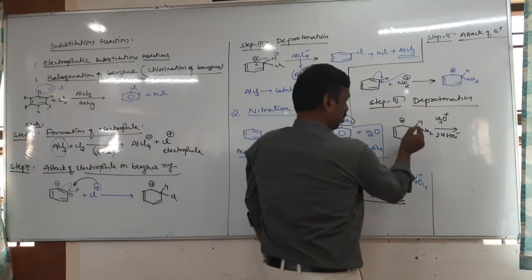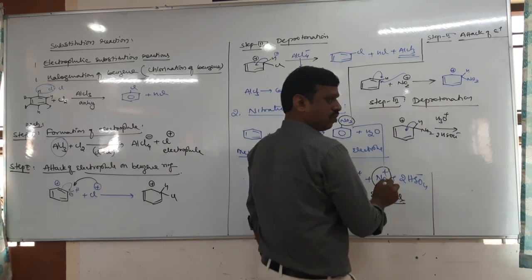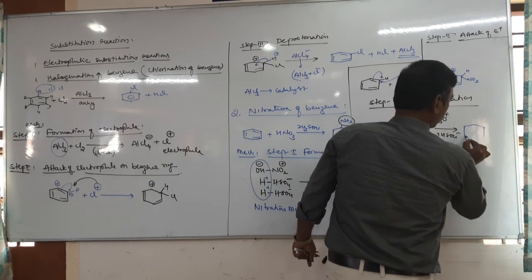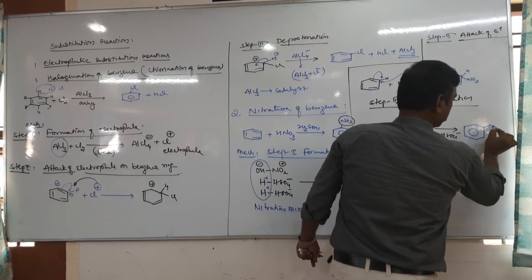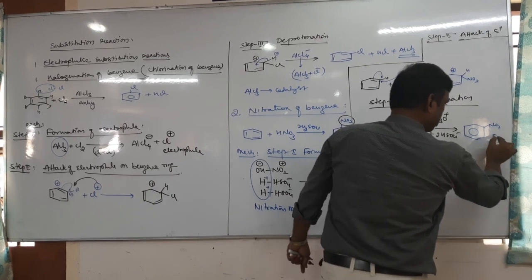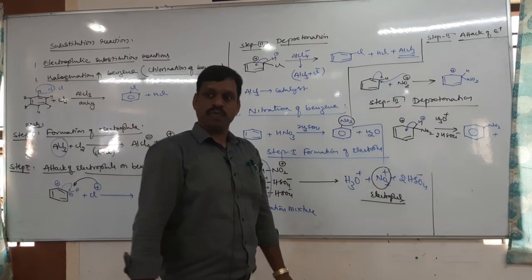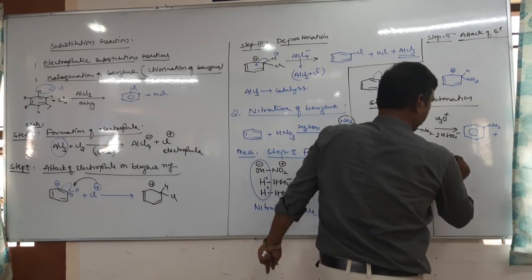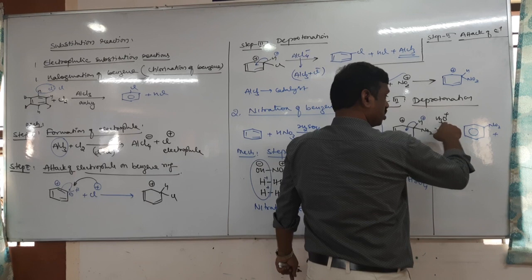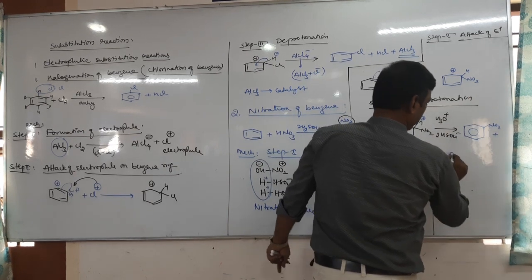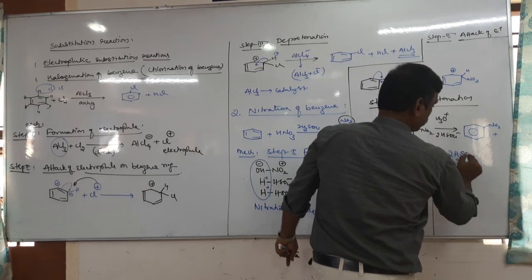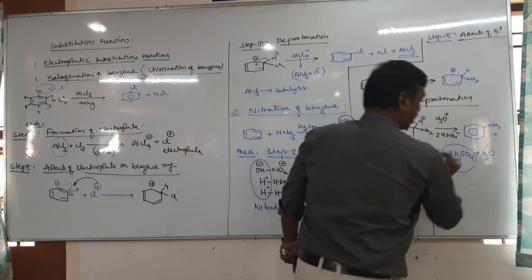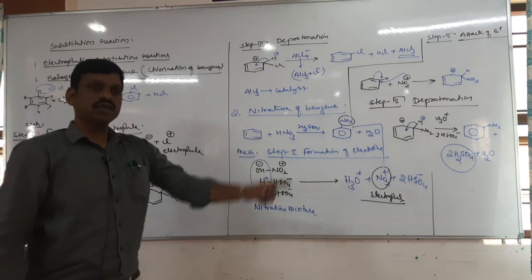Tell me, this sigma bond shifts as a pi bond and H plus comes out. When H plus comes out, you get nitrobenzene as the product. Along with nitrobenzene, H plus plus 1 mole HSO4 minus gives H2SO4, and this H3O plus also produces 1 proton, which gives 2 H2SO4 plus H2O.